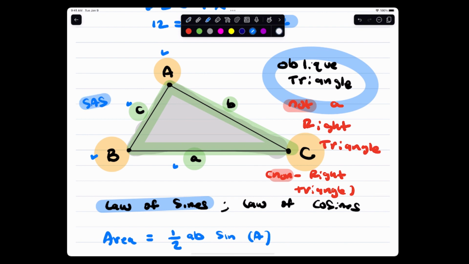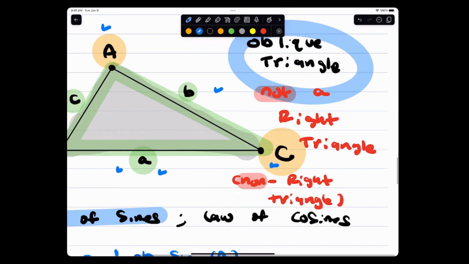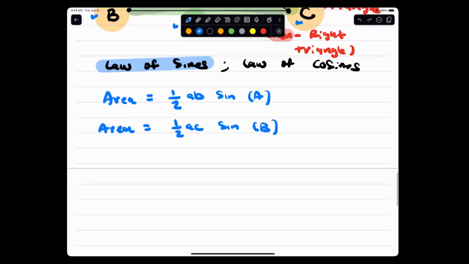This is one of the reasons why we studied it. Now go to C here. Side angle side. What are the two sides? The two sides are A and B. Isn't C between A and B? Okay, so that's AB now. So the same area will be 1/2 AB sine C.